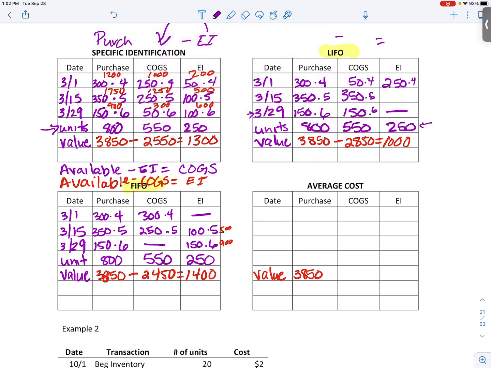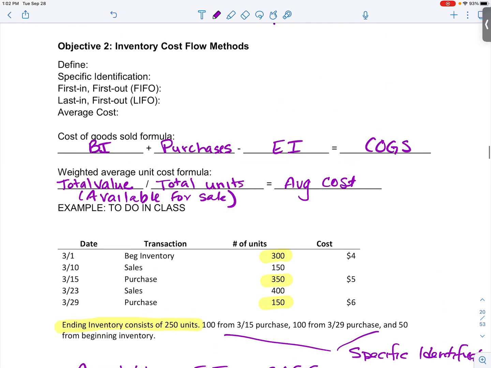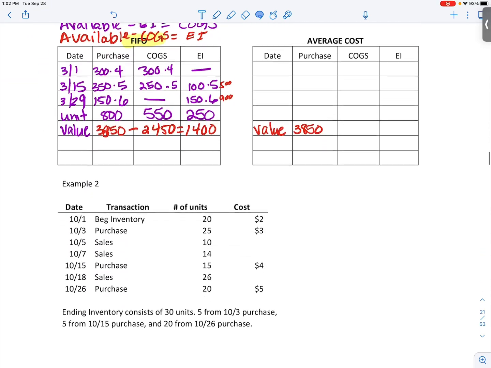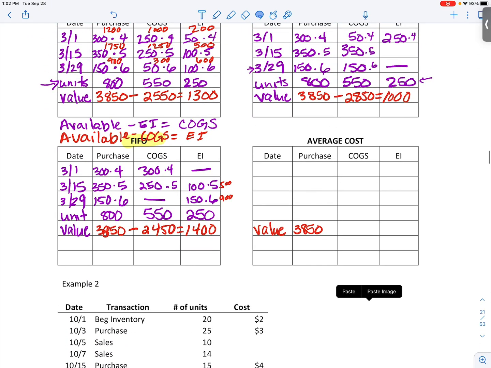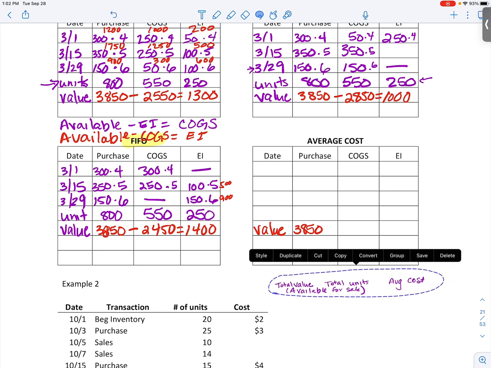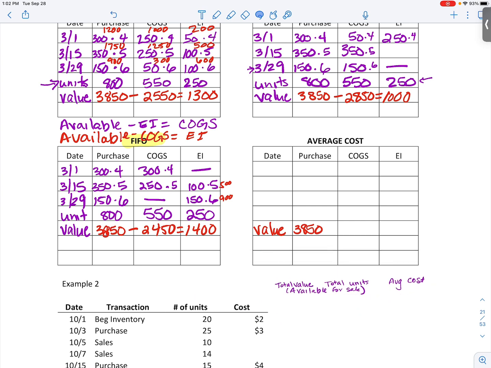The equation that goes with this, let's go grab that. All right, so we know we have our total value, which is 3850.